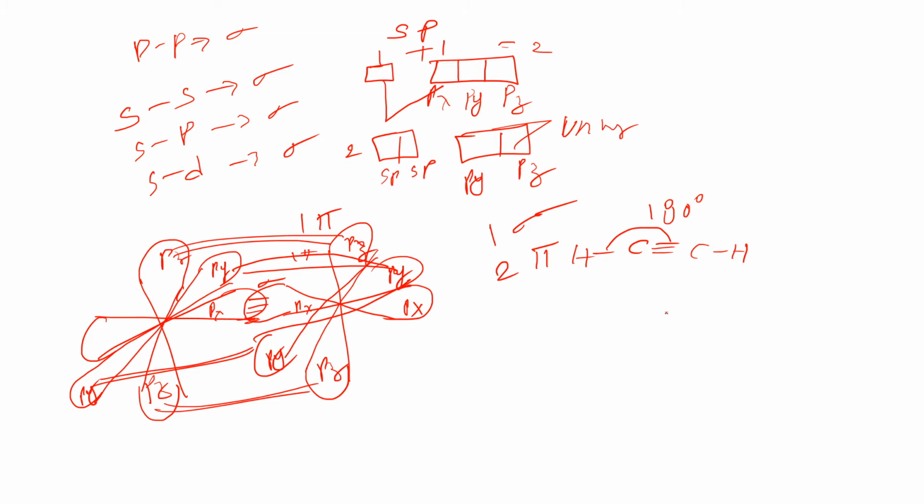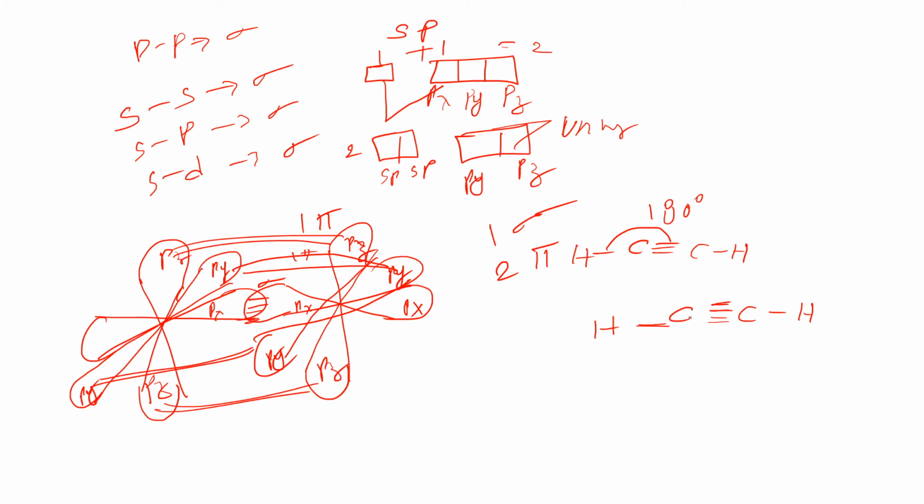Here, between the carbon and carbon there are three bonds, and another bond is formed with hydrogen. In the previous lesson we discussed that the valency of carbon is 4, so one carbon atom needs 4 electrons to get bonded. Counting the number of bonds on this carbon: 1, 2, 3, and 4.